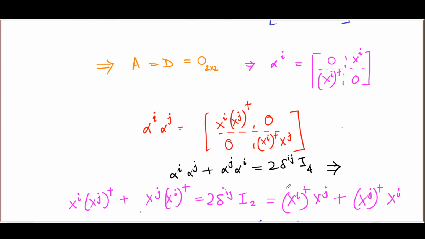And looking at the lower block, you also get xi dagger xj plus xj dagger xi is equal to the same thing. So we now have a bunch of relationships which the xi's must satisfy to ensure that we do have matrices which satisfy our basic Dirac conditions.